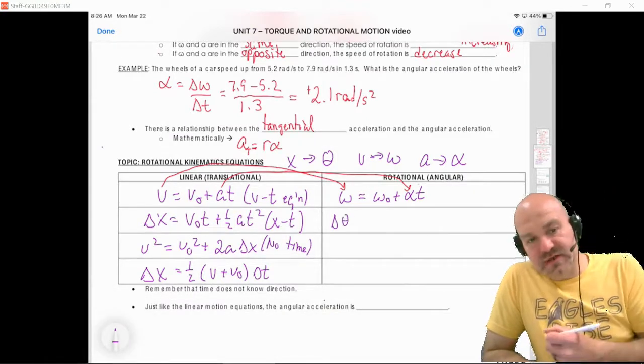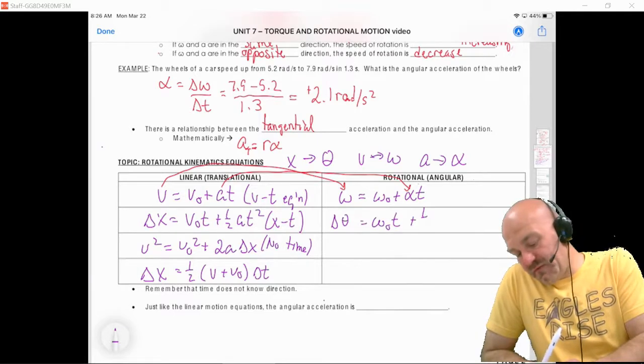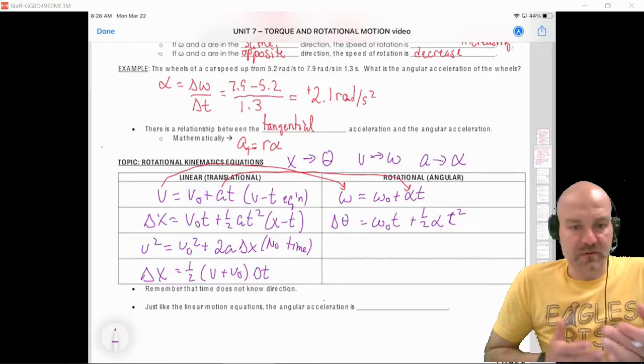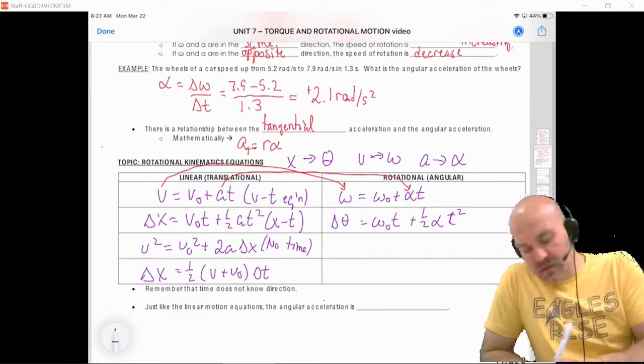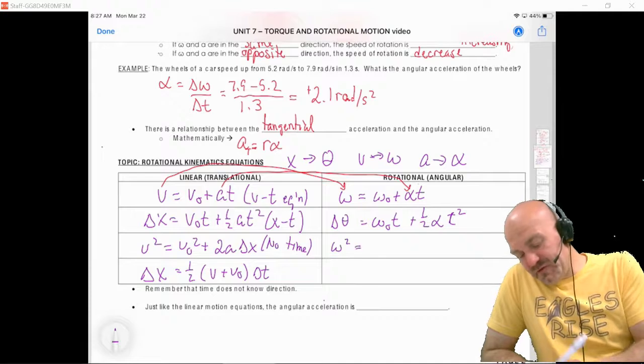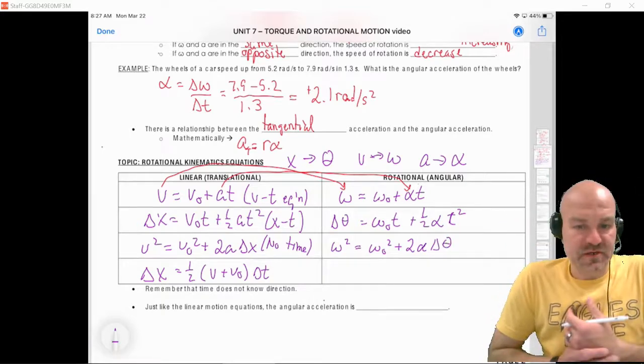Okay, the next equation: delta theta equals omega 0 t plus 1/2 alpha t squared. Again, we're just swapping out those variables, and you're going to use the equations in the same exact way. Next equation: omega squared equals omega 0 squared plus 2 alpha delta theta, right? We're doing the rotational equivalents.